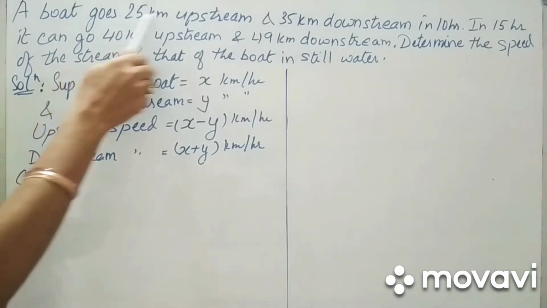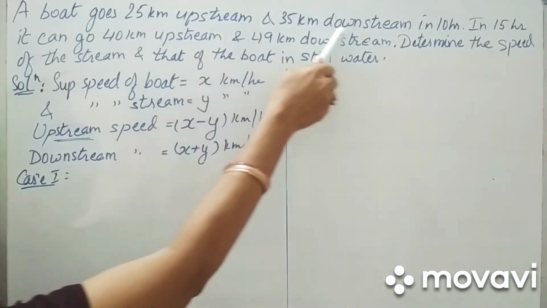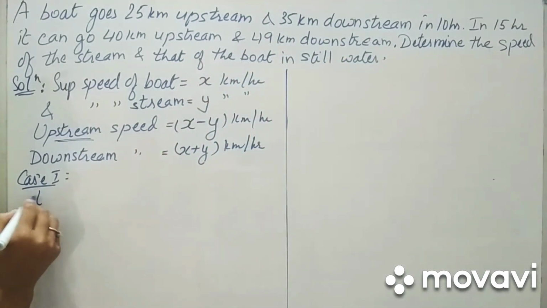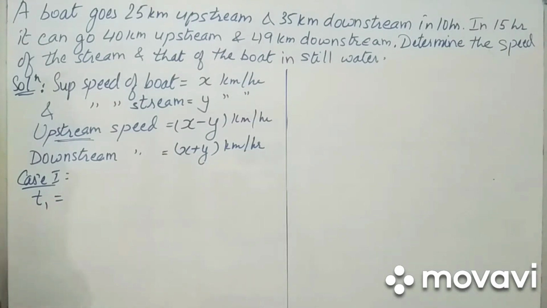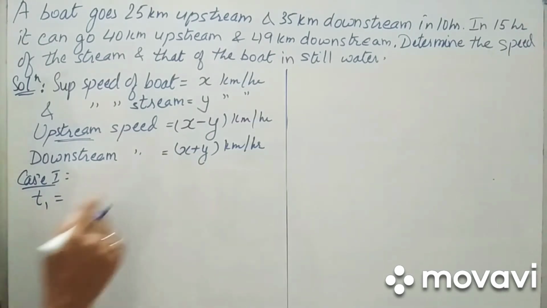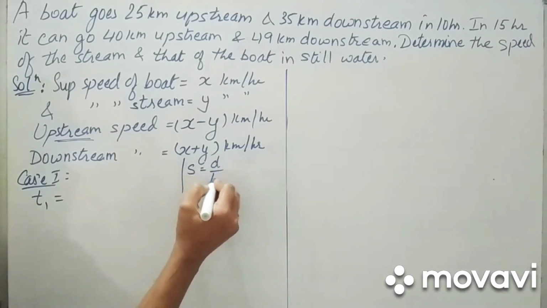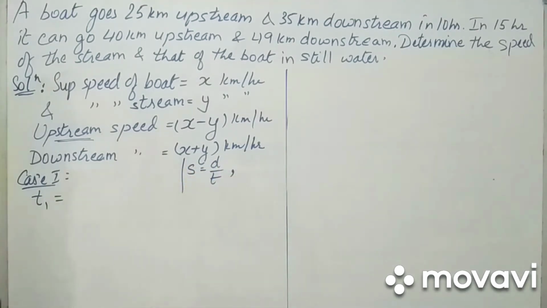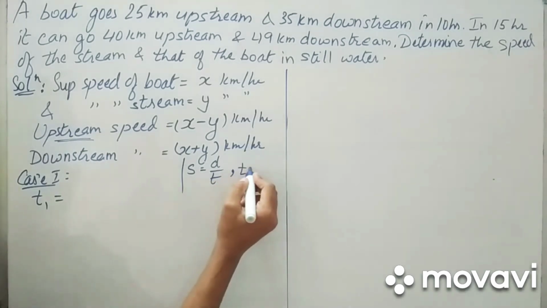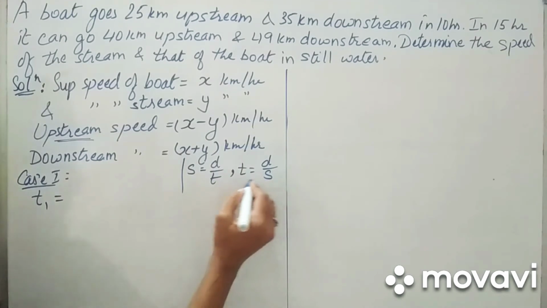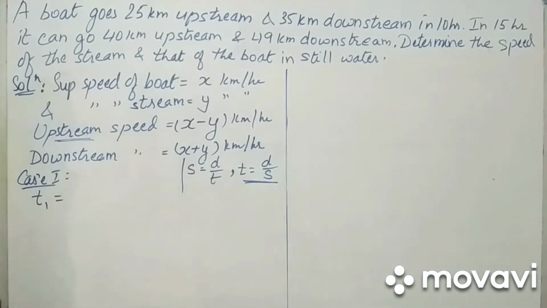What is that? 25 km upstream and 35 km downstream in 10 hours total. Before that, one concept should be clear: speed is equal to distance upon time taken. Now, T is equal to distance upon speed, and we will use that here.